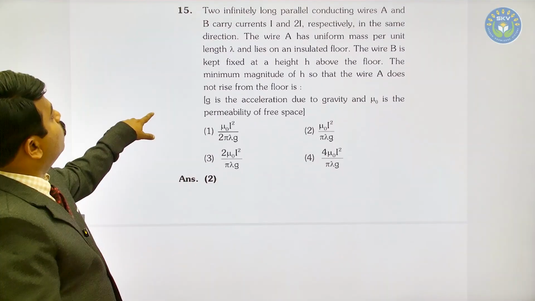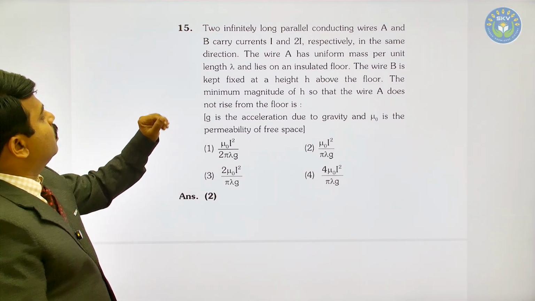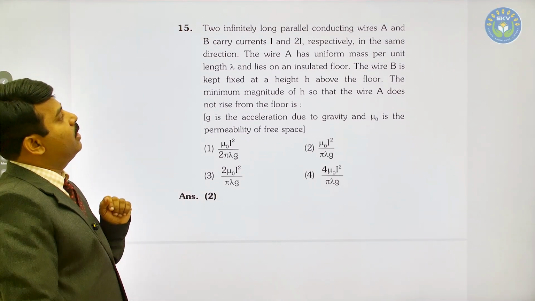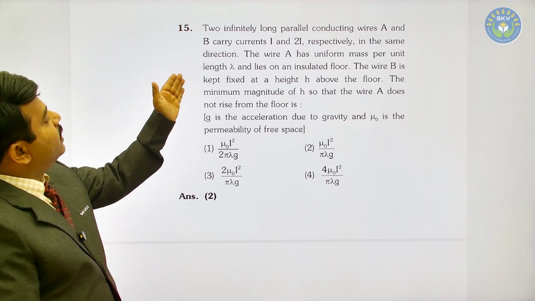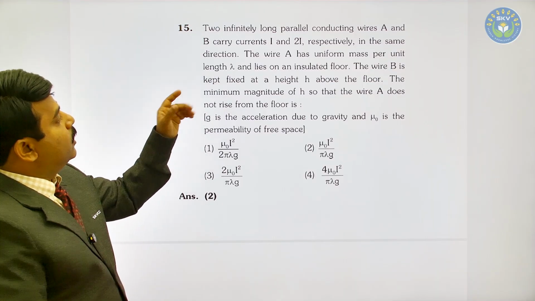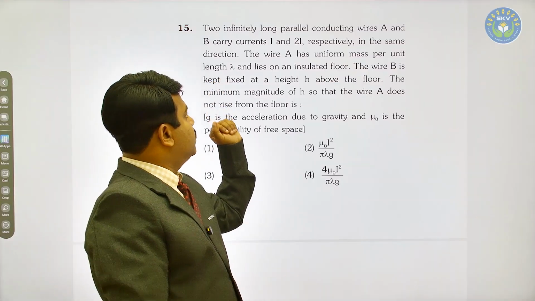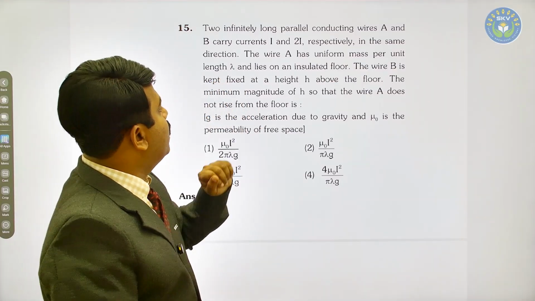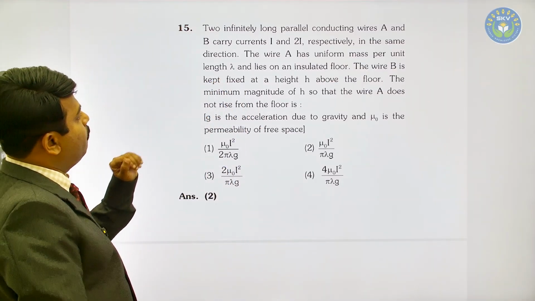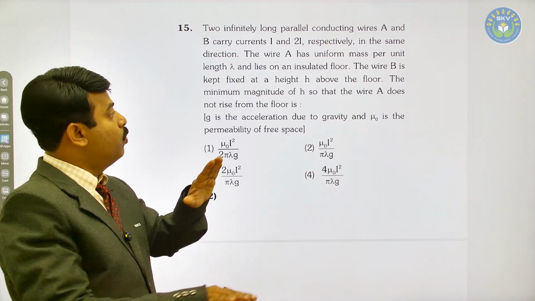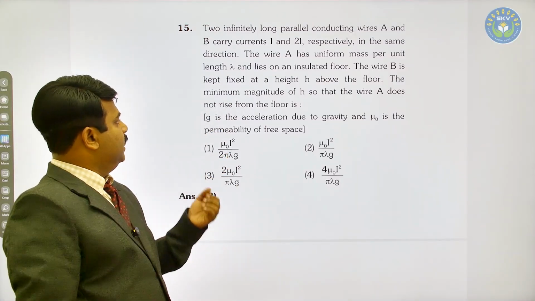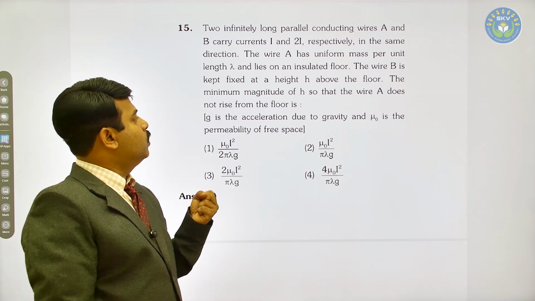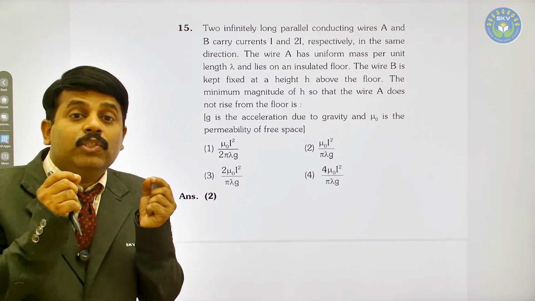Now another question, question number 15. Two infinitely long parallel conducting wires A and B carry currents I and 2I respectively, in the same direction. Wire A has uniform mass per unit length lambda and lies insulated on the floor, and B is fixed at a height h. The minimum magnitude of h so that wire A does not rise.